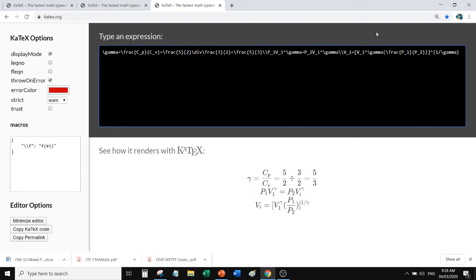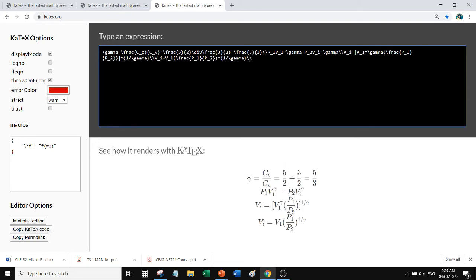Okay, so that's why this would be Vi. The gamma here would cancel out. So that means only this term or expression P1 over P2 would be raised to 1 over gamma.